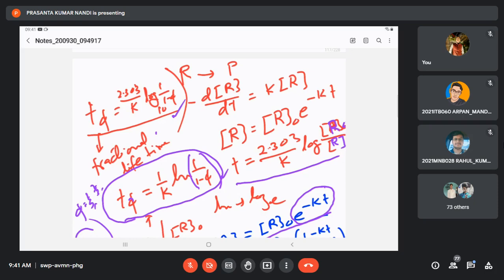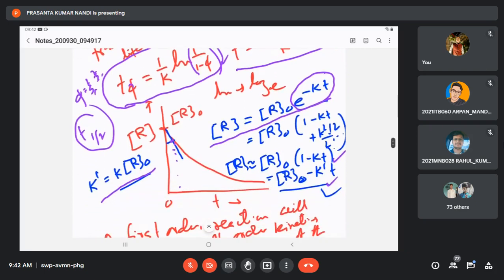The interesting point is that in the equation you see that the fractional lifetime does not depend on the initial concentration of the reactant. Whatever amount of reactant you take, it does not depend on that. That is the interesting point. It is independent.